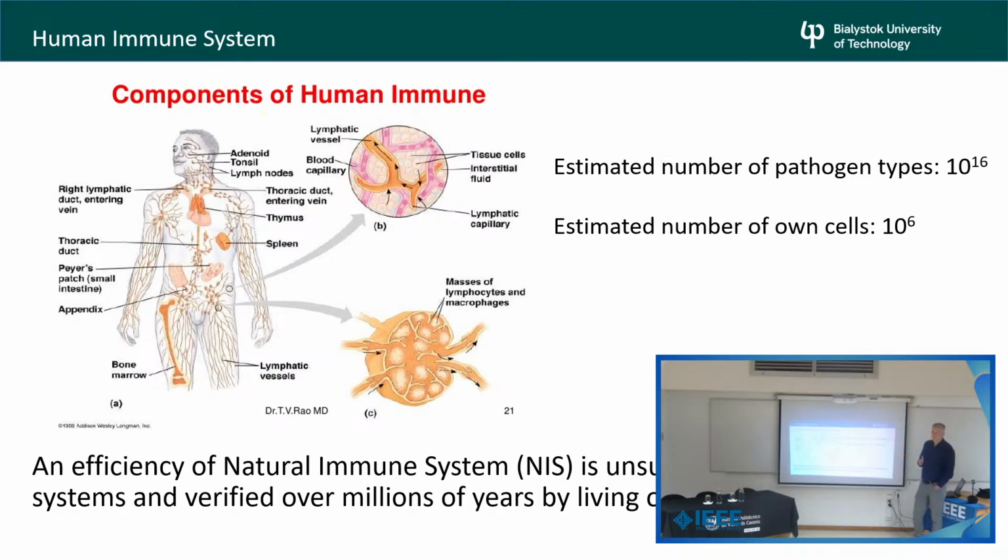It is enough to have information about our own cells in general, because of course there is memory, and our organism remembers the pathogens. But in general, the immune system does not require information about pathogens to recognize them.